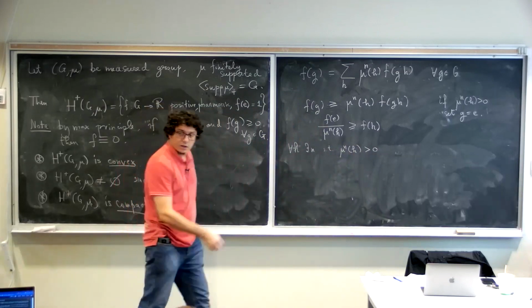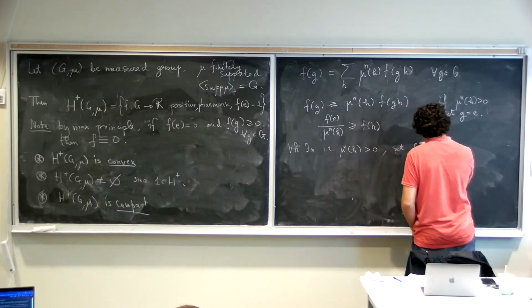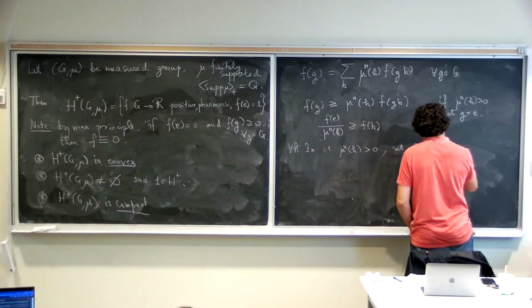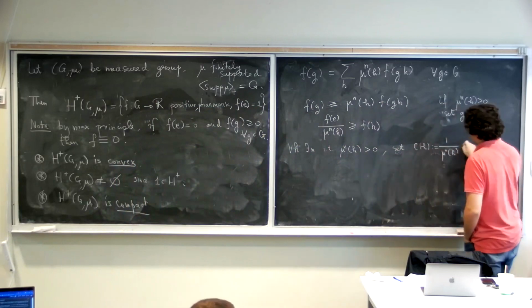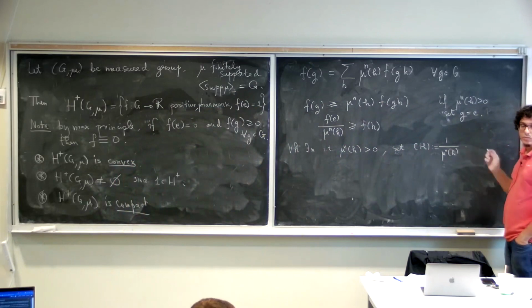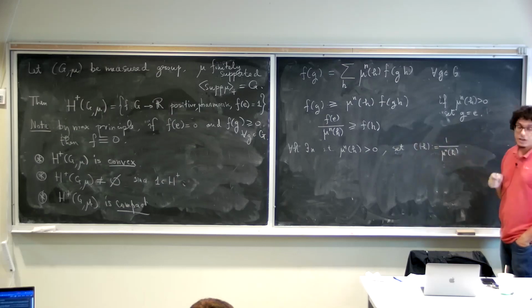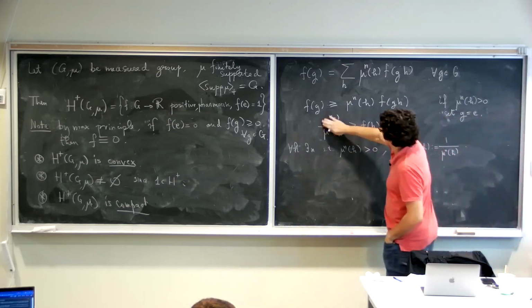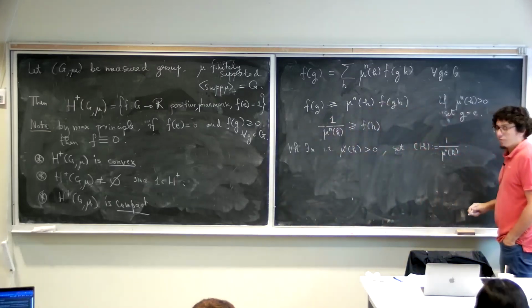And so we set C of h to be 1 over mu n of h, picking some such n. And in fact, f of the identity we normalized to be 1.